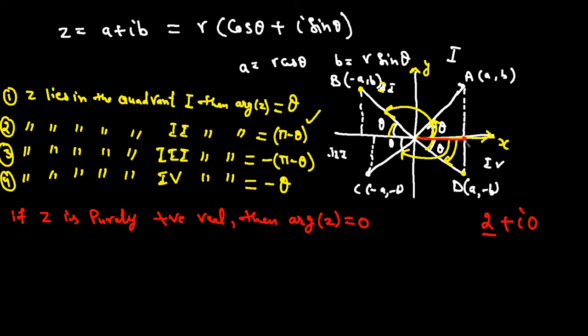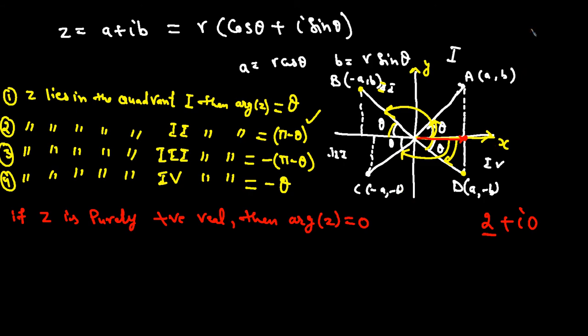Let's say here is 2, and y value is 0, so my complex number is here, and then the vector is also here, and the angle between a positive x-axis and the vector, or the modulus of the complex number, is the same axis, and the angle between them is 0. I hope you understand it.